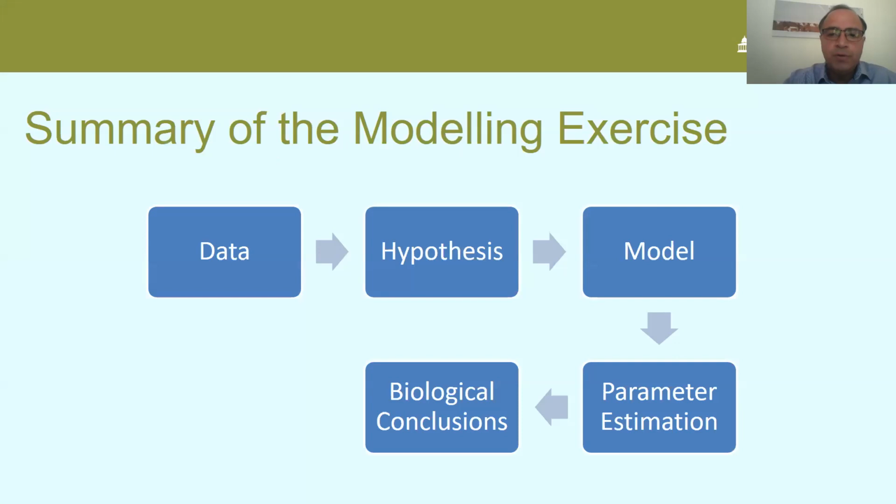So what we did is we used the data, hypothesized what is actually happening in the epithelial cell, developed a mathematical or computational model, and then tried to fit that model with the experimental data that we obtained. The idea is to be able to draw some biological conclusions that we would not have otherwise.